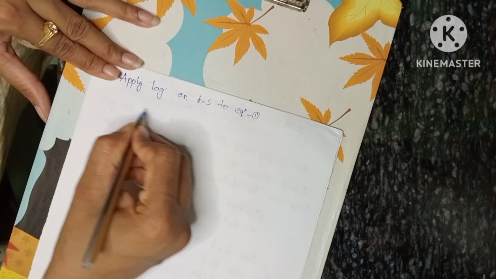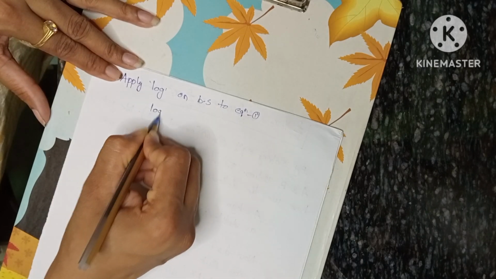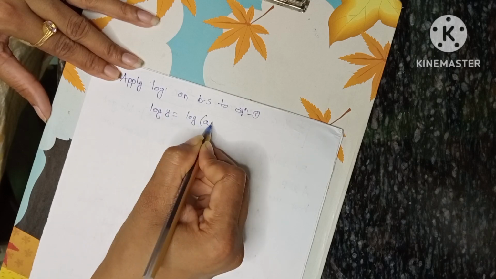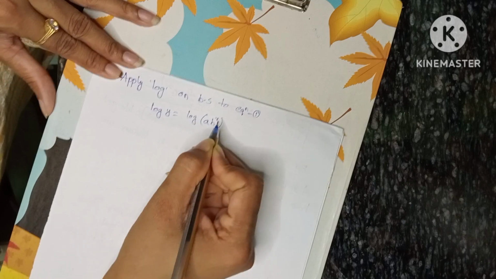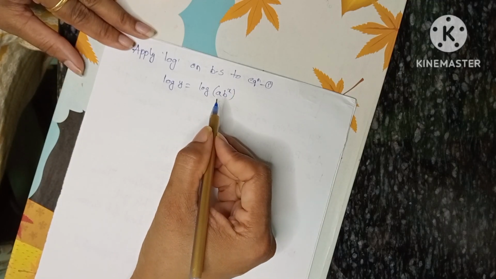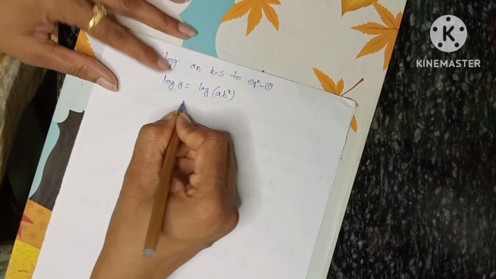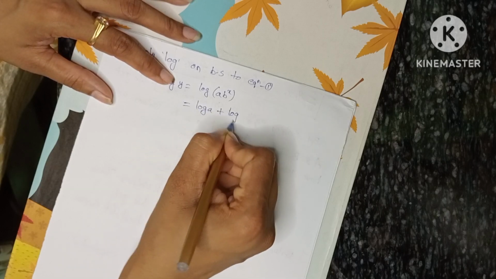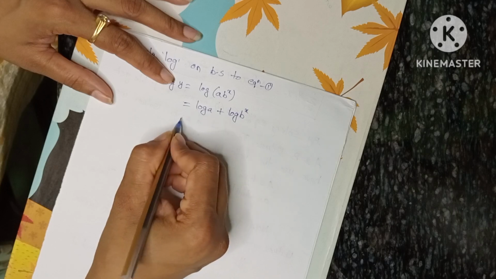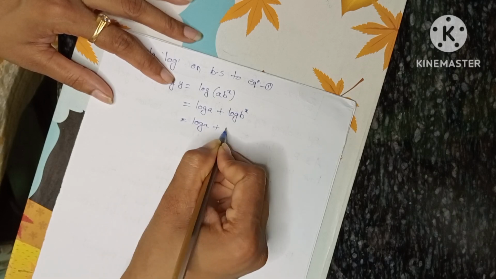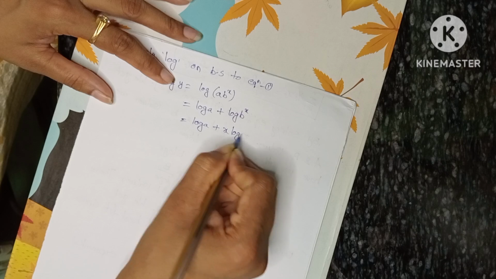So that is nothing but log y equals log of a into b to the power of x. Now it is in the form of log a into b. Log a into b formula is log a plus log b. Okay, so log a plus log b to the power of x. So again we can write this one as log a plus x log b.